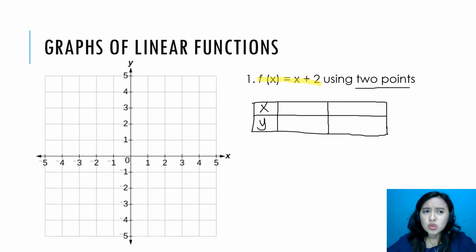Mangutana mo nganong 3 points man or 3 values man ang imong pangitaon na 2 points ra may gipangita. Okay, the third value para ana to me will serve as a check kung nakapurma ba gid kog line or wa.